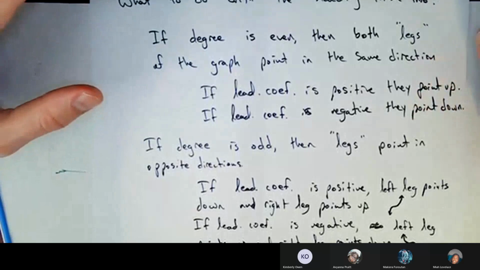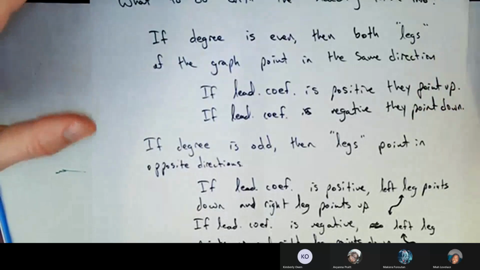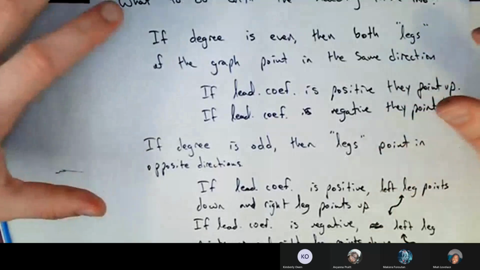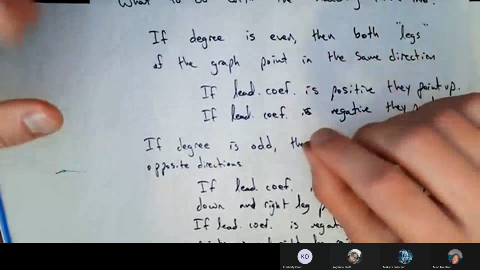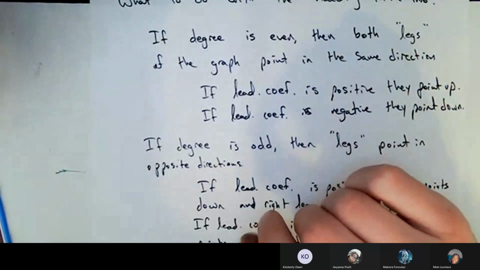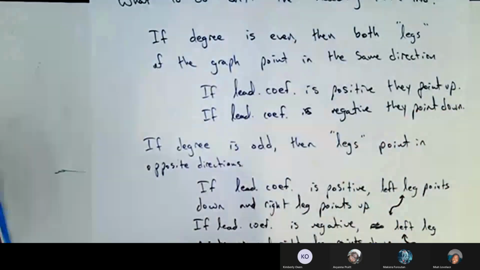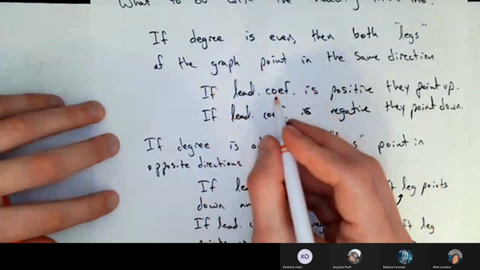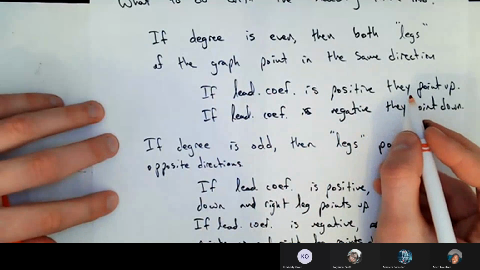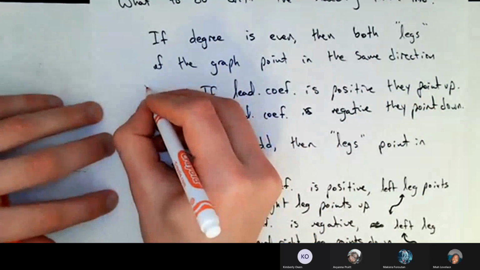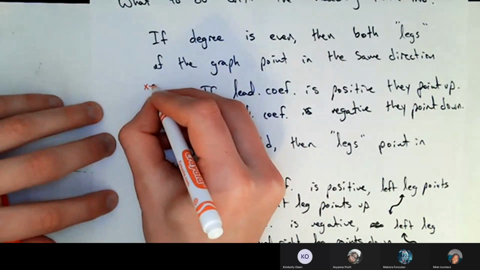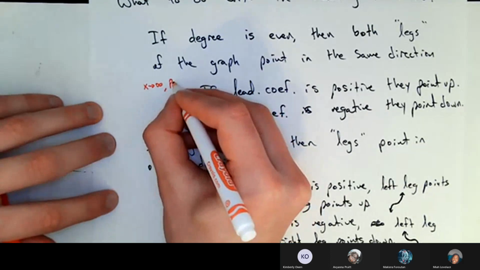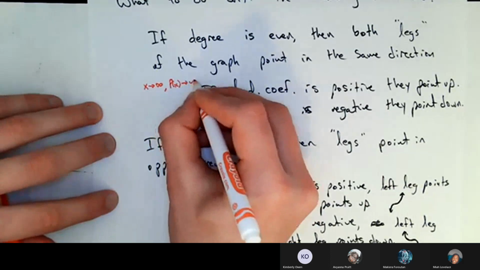And so yeah, next time we will look at applying some more technicality to this. Instead of just saying it in words, we're going to have some symbology with arrows and infinity symbols. Just to give you an idea, for this case, degree being even, leading coefficient is positive, we would say as x tends to infinity, p of x tends to infinity.